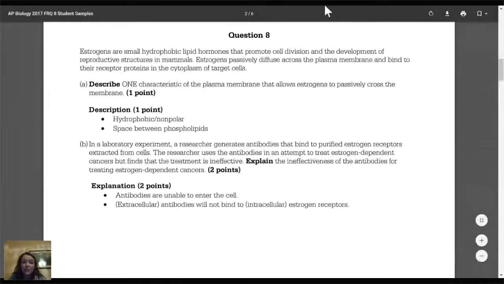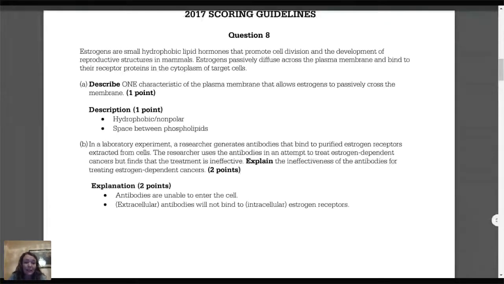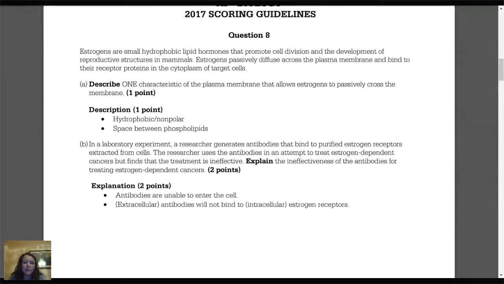So we've heard of this. We know that it's mainly produced in females. And it says estrogens passively diffuse across the plasma membrane and bind to their receptor proteins in the cytoplasm of target cells. So your first point comes from describing one characteristic of the plasma membrane that allows estrogens to passively cross the membrane. So we talked about this.